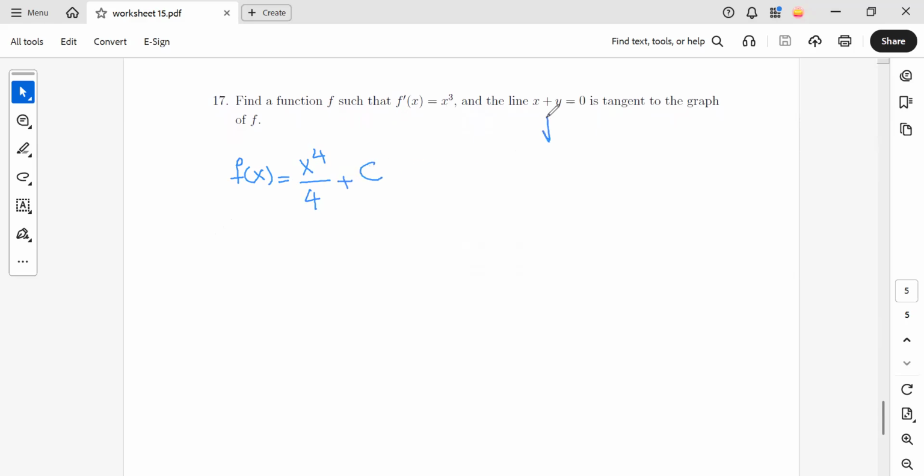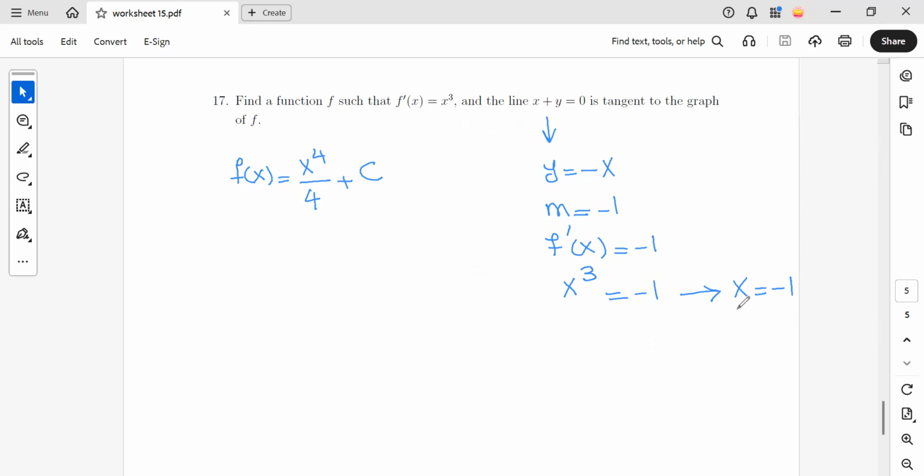Also, based on the question, we know that y is the same as negative x. And we know that the slope is negative 1 here. So also we know that slope is the same as the derivative, which is negative 1 here. We know that it is x cubed, so it will be equal to negative 1. And also x will be negative 1 here.